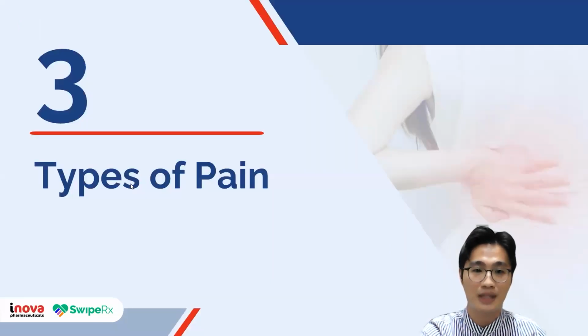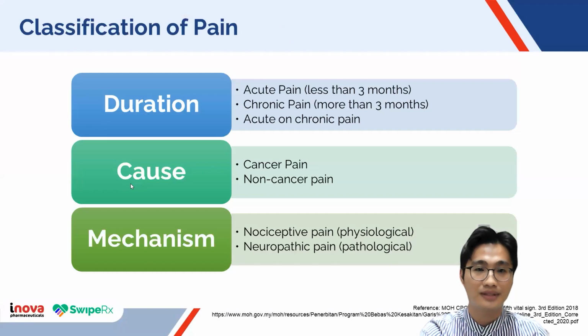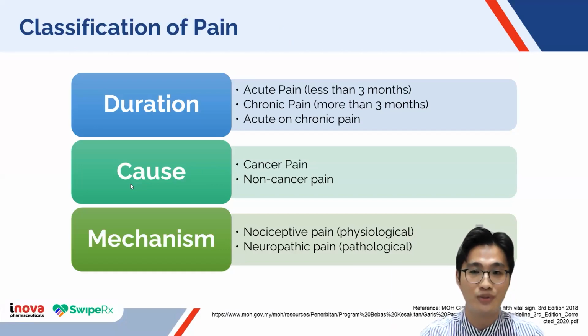Okay, going into types of pain. There are actually 3 types of pain: acute pain, which is less than 3 months, chronic pain, which is more than 3 months, and sometimes it's acute-on-chronic pain. The causes can be cancer pain or non-cancer pain, and the mechanism can be physiological, such as nociceptive pain, or pathological, such as neuropathic pain.